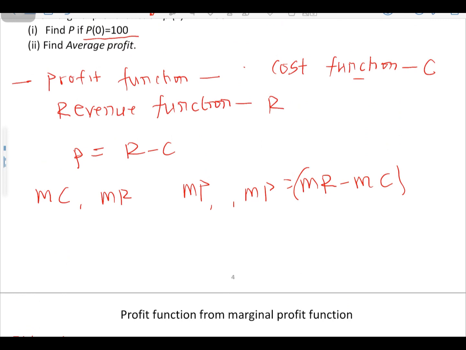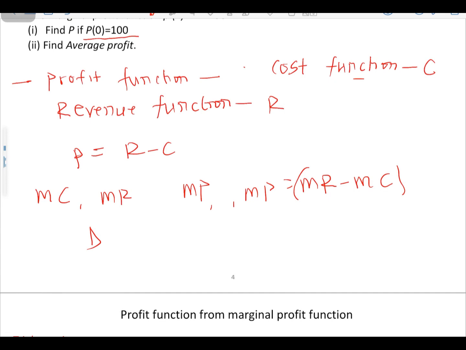Some questions are not going to tell you the marginal profit for you to calculate the total profit. They will rather give you the marginal revenue and the marginal cost, and therefore you'll be able to calculate the marginal profit and come out with your total profit. Or you can be given the demand function D or P, as some books represent it.